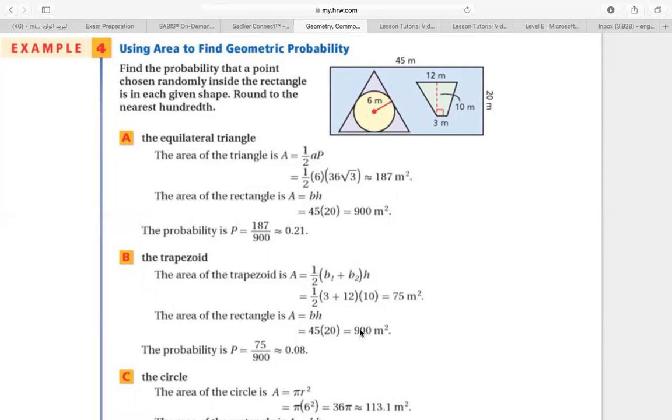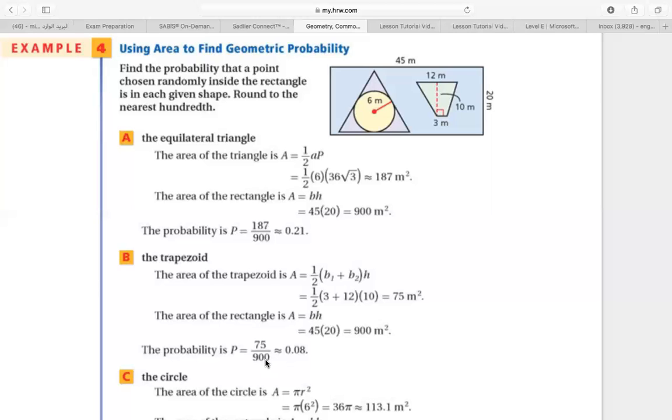So a half multiplied by 3 plus 12 multiplied by 10 equals 75 meters squared. And don't forget to square your unit because we are calculating the area. Then since we are finding the probability of a point inside the trapezoid, I'm going to put the trapezoid in the numerator, and down I'm going to put the whole, which is the rectangle.